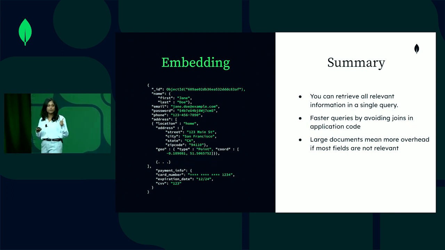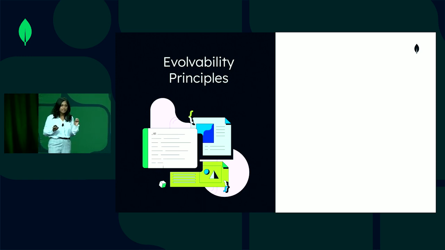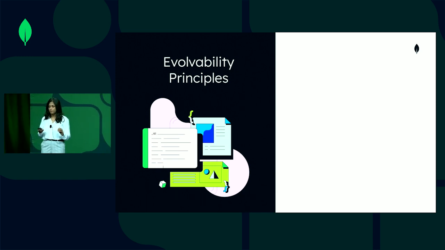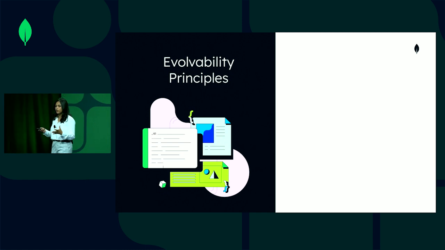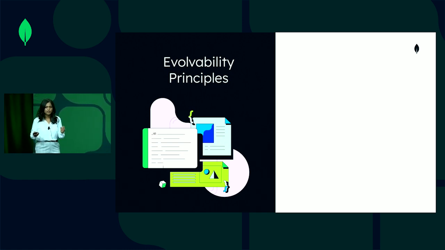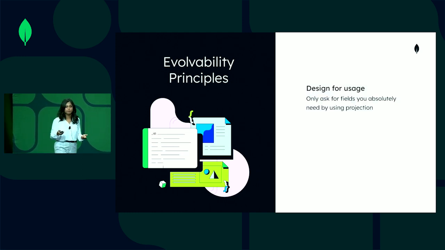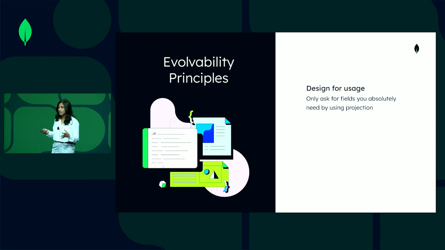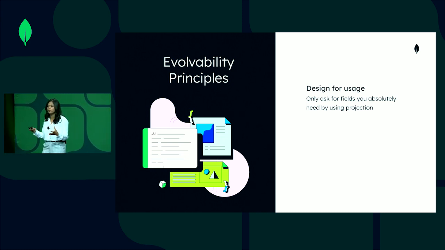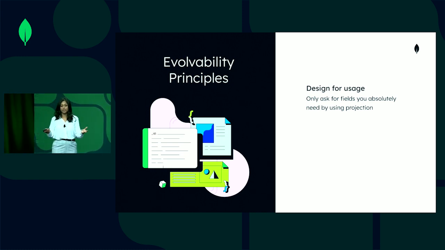Once we've set this stage with the foundations, let's see the evolvability principles. Now, you'll say, Sam, what are you going to talk about? There are so many evolvability principles. Yes, there are, but these are a couple which I think will be important to get you started to think about your journey with MongoDB. The first one is getting rid of the mindset where you need to work for the data. It's actually the opposite with Mongo.